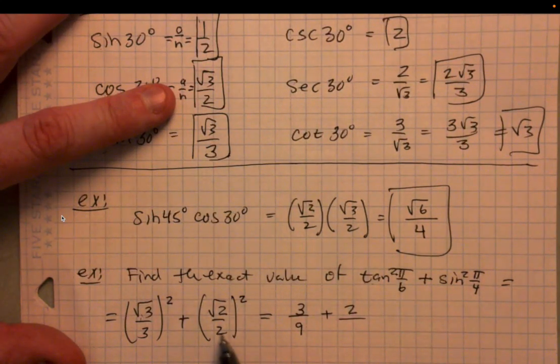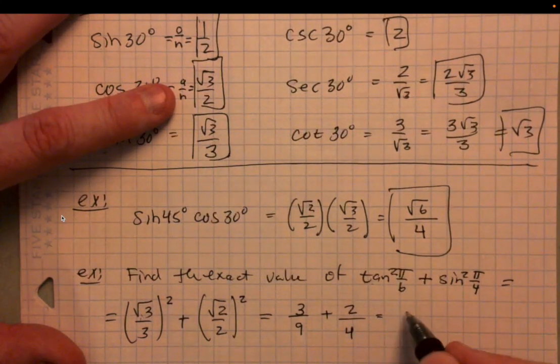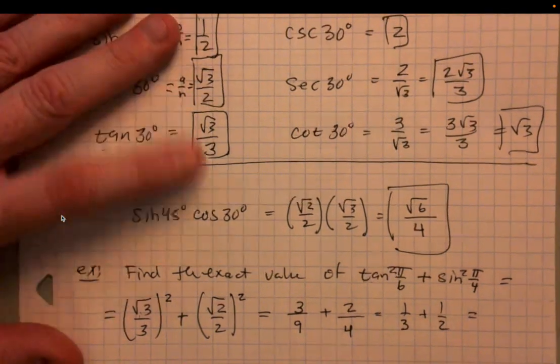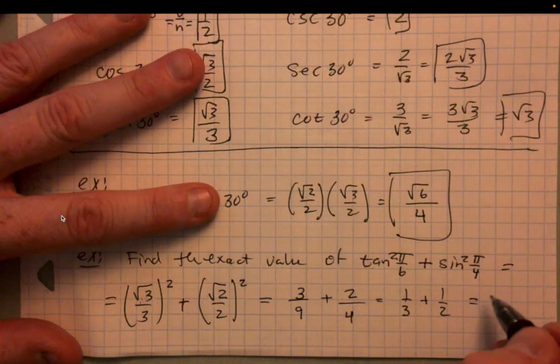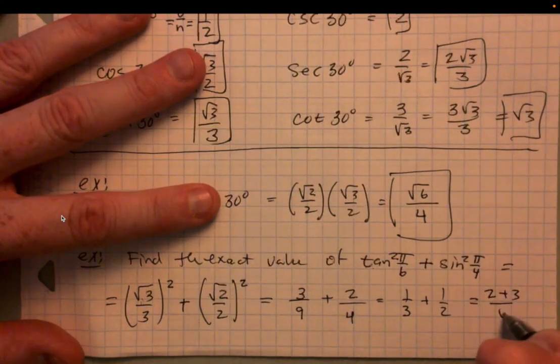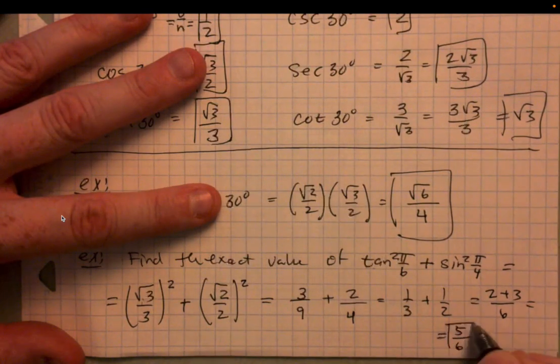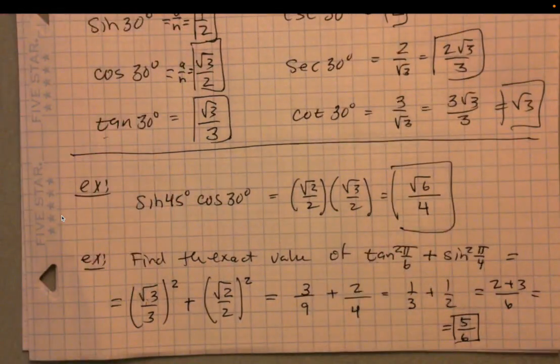And then just 2 squared is 4. So this is a third plus a half. Right, can we add those? Yep, 2 plus 3 over 6. And we have 5 sixths. All right. Excellent. Okay.